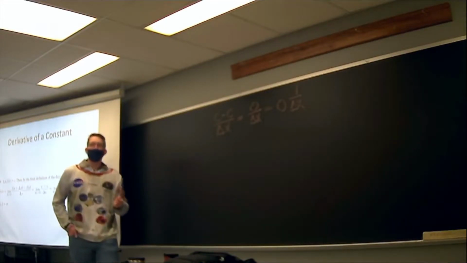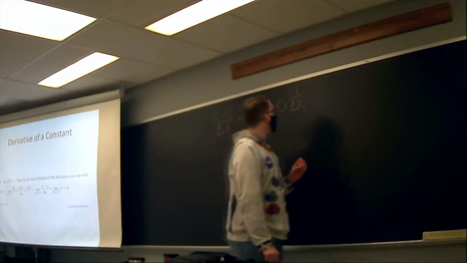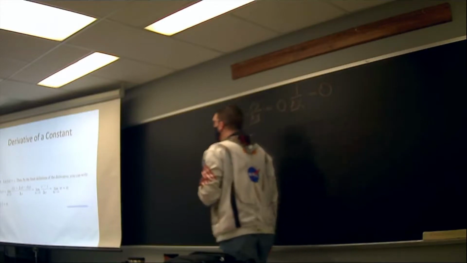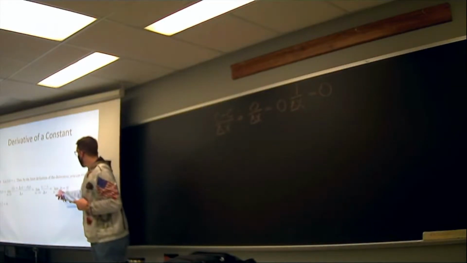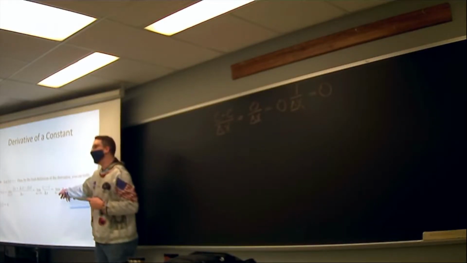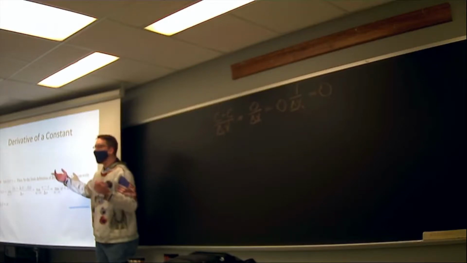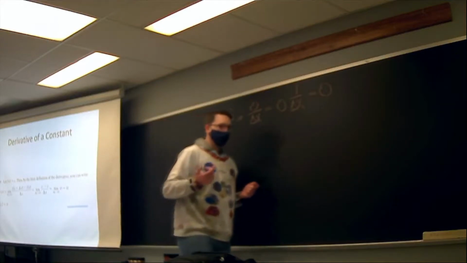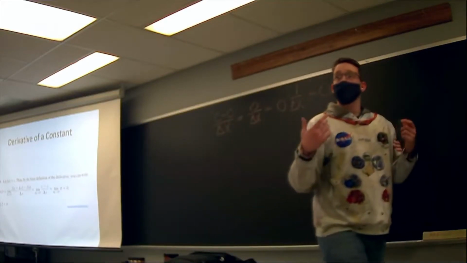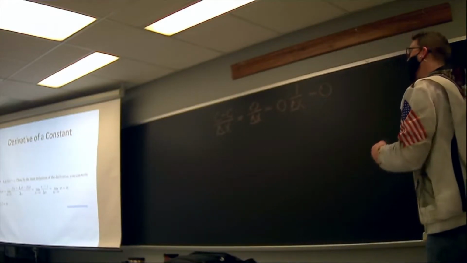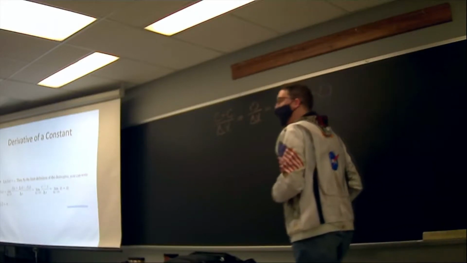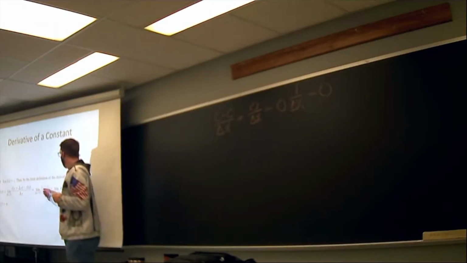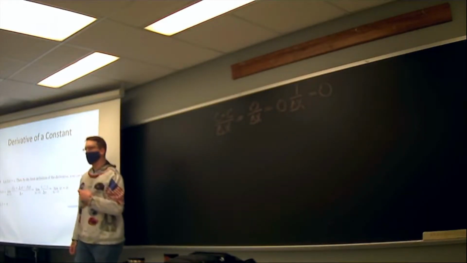So before we even apply the limit, what we're applying the limit to is just 0. Well, the limit of a constant is that constant. So the derivative of a constant must be 0. Make sense?